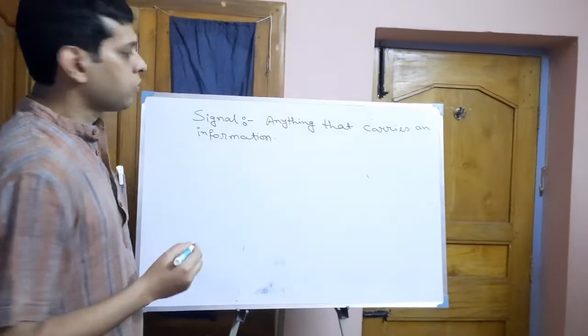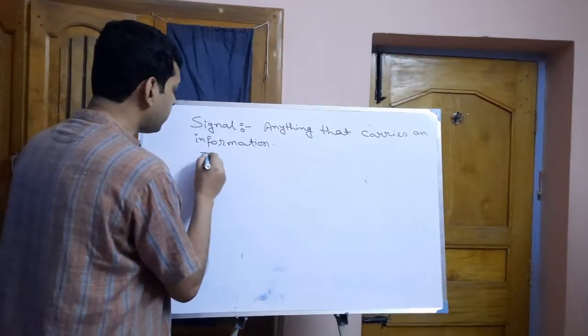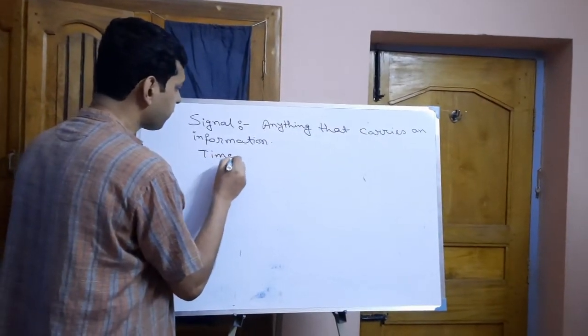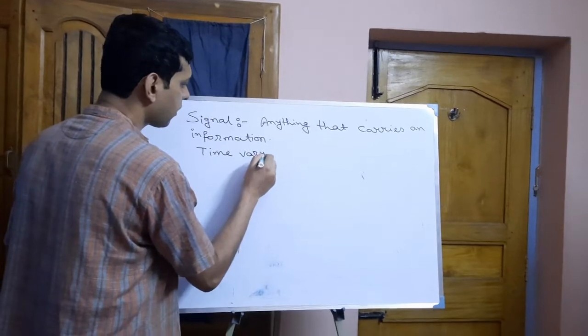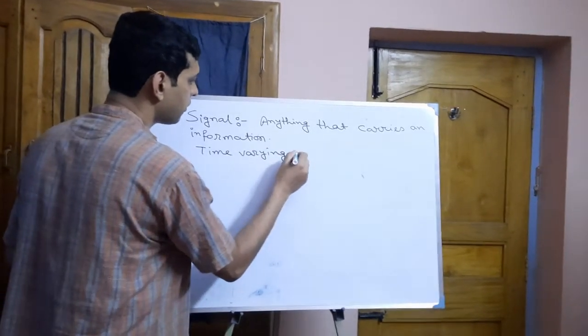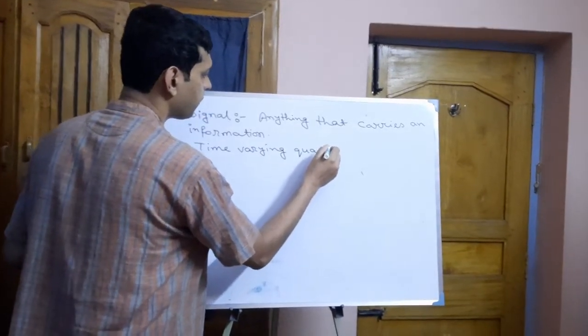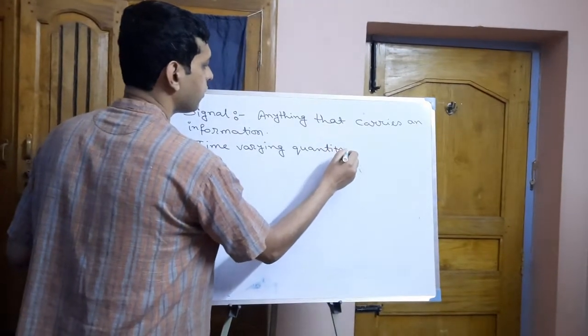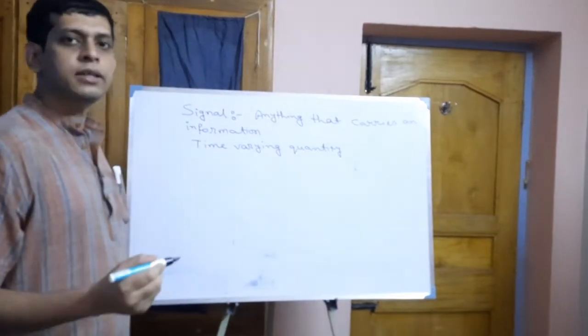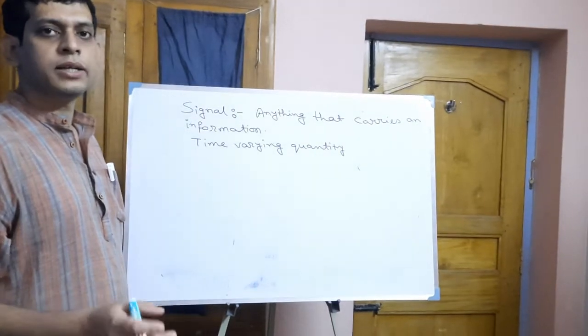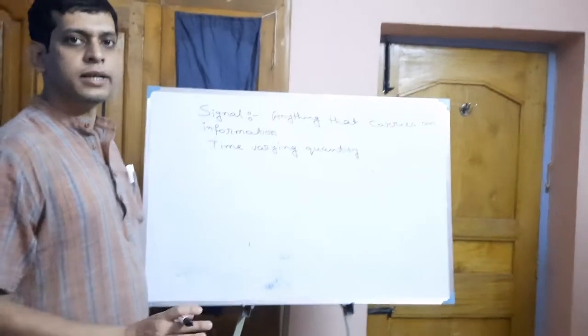Okay. Now, a signal is a time varying quantity. We, the electrical engineers, will understand the voltage or current as a signal.